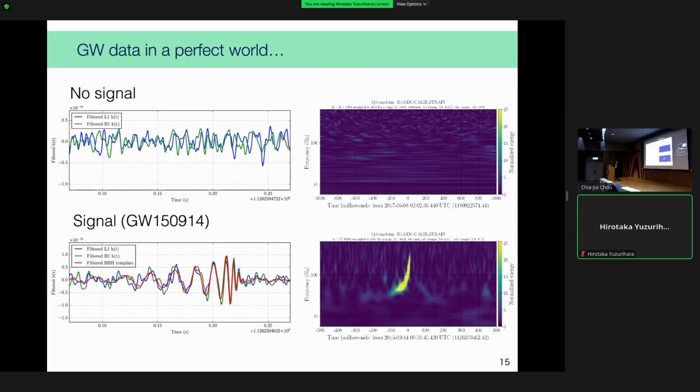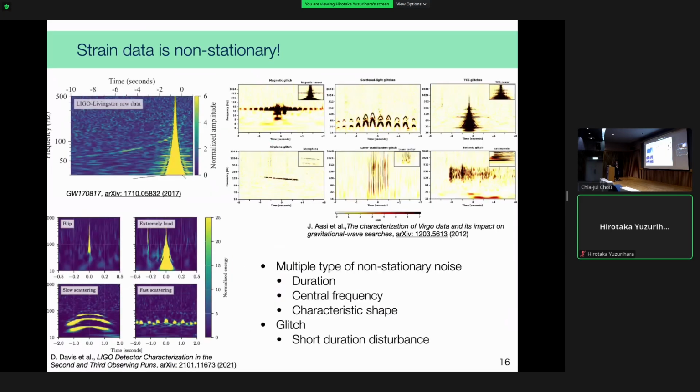But in the real case, the strain data is non-stationary. I borrowed many plots from many papers. In these time-frequency maps, you can see multiple types of non-stationary noise. The important point is that the duration, central frequency, and characteristic shape are different in most cases.